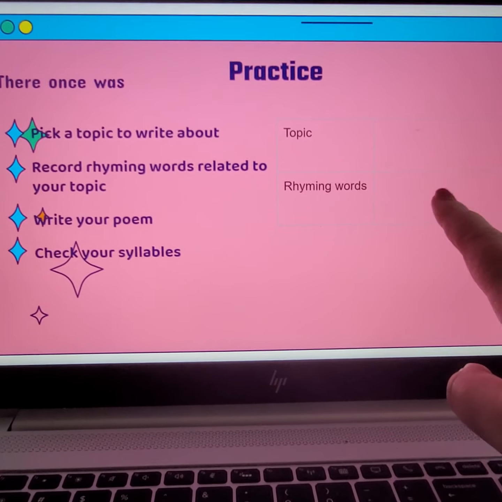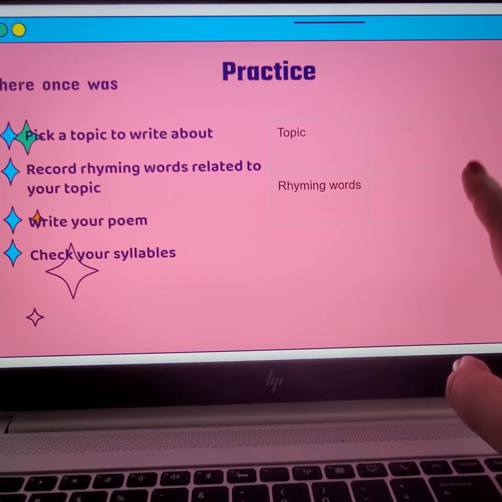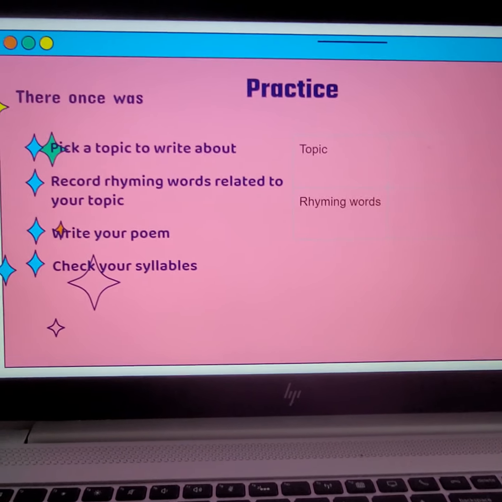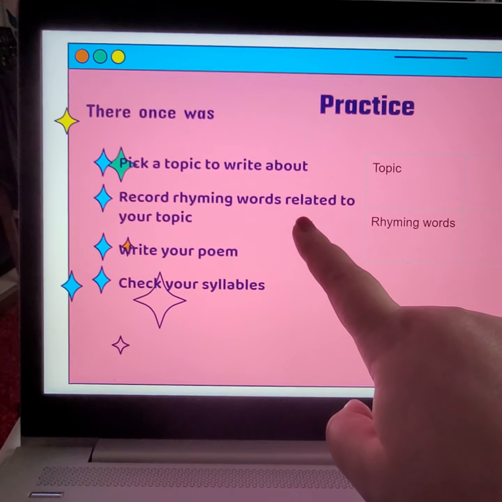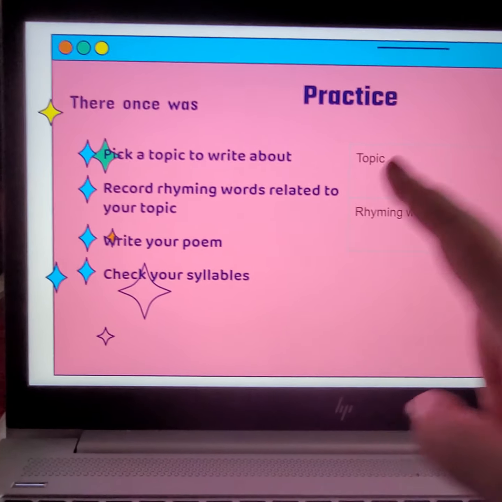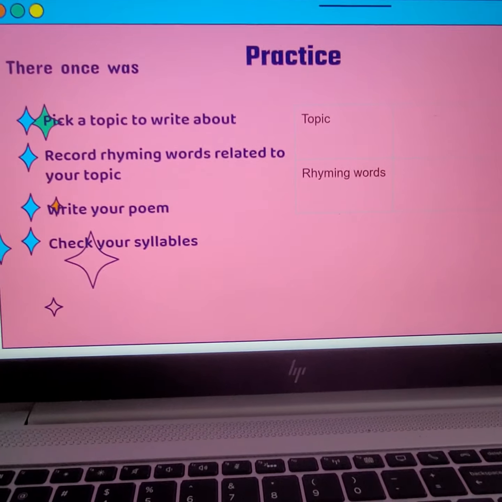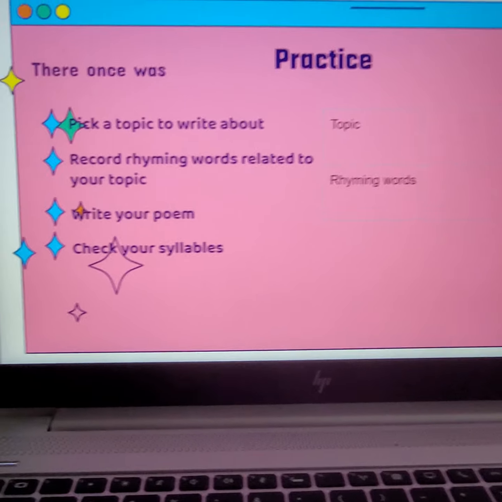And you can record them all here because you're going to come back to this and it's going to help you with your poem. So pick a topic, record rhyming words, write your poem, which will be on the next slide, and then check your syllables. Remember that's how we break our words up.